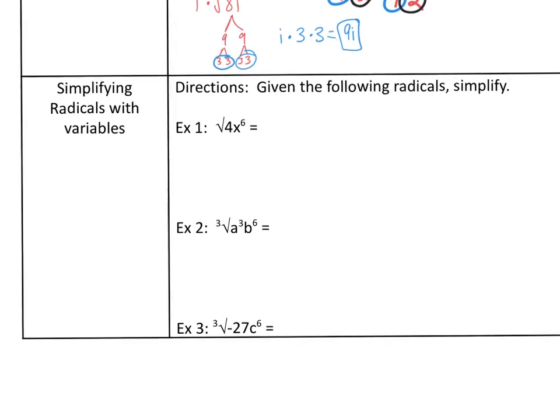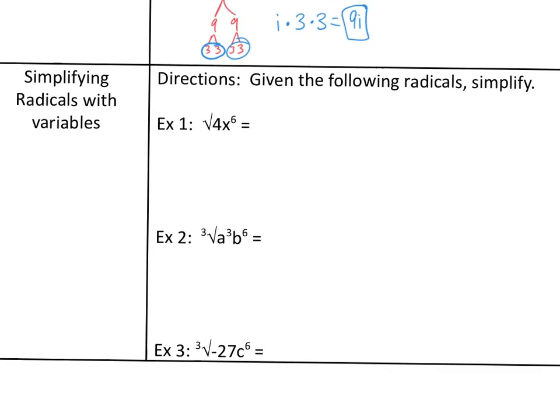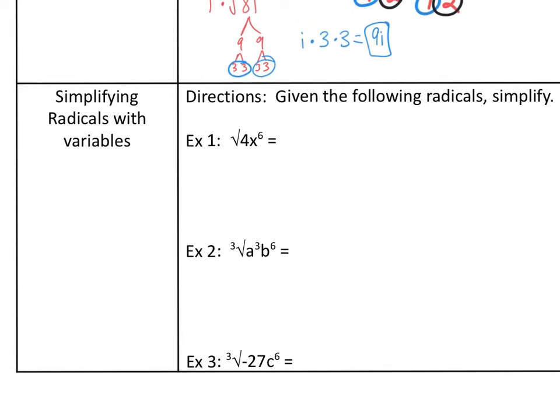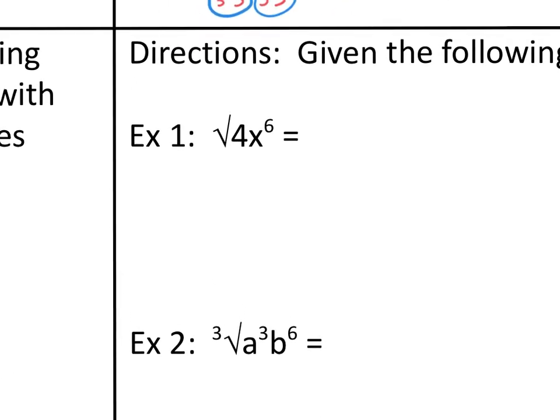Okay. We're going to be doing the same thing now, except we're throwing in some variables. Okay? I don't know who put letters in math, but here we are. We'll start off with the first one. So this is just square root of 4x to the 6th, right? So the first thing I'm going to do is just break down the number, which we know how to do.